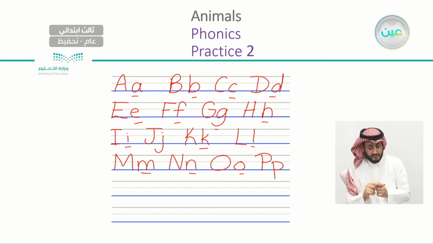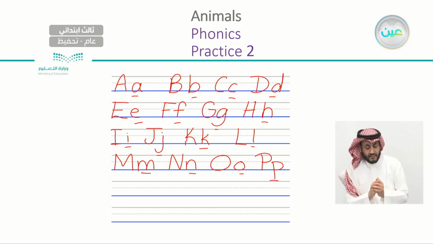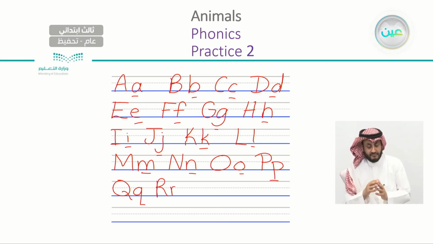Now G, J, and P go below the line, which means they are tailed letters. Let's continue. Q, tailed. R, short. S, short. T, tall.